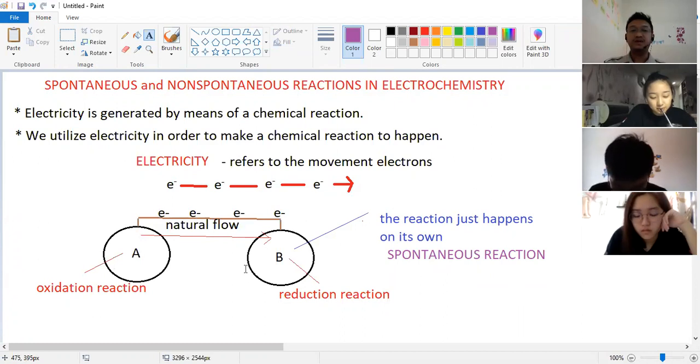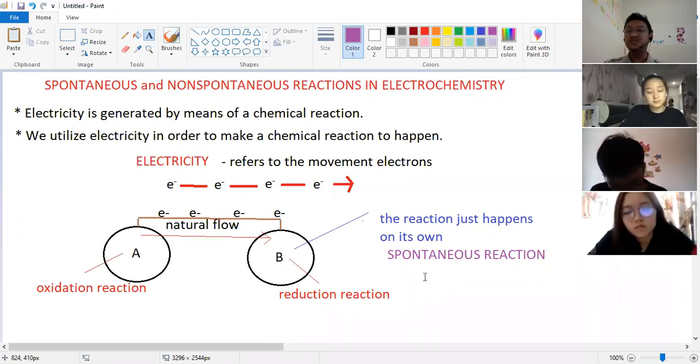Let's go back to substances A and B. Can you tell me which of the two substances is the reducing agent and which one is the oxidizing agent? Please type it in our line group.